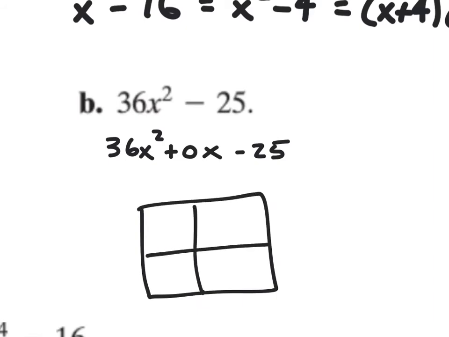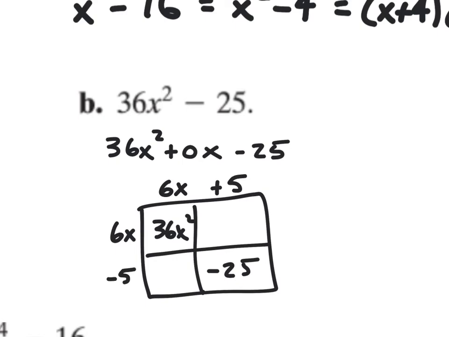If I do the box method, 36x squared minus 25. Okay, two numbers that are going to multiply to 36x squared. Let's do 6x and 6x. Now, two numbers that multiply to negative 25, let's do plus 5, and let's do minus 5. All right, and look what happens.